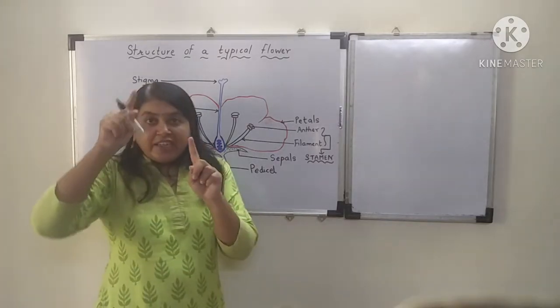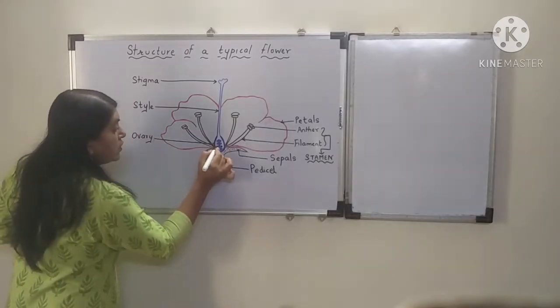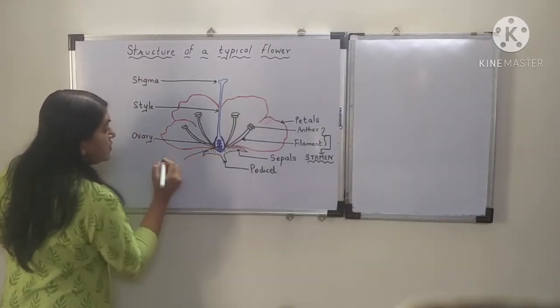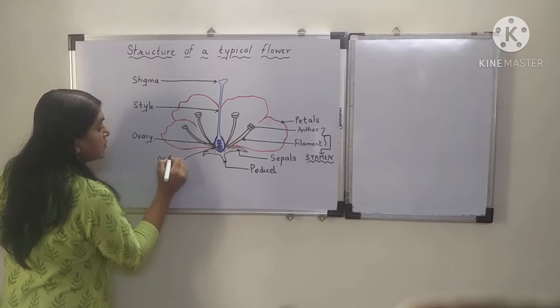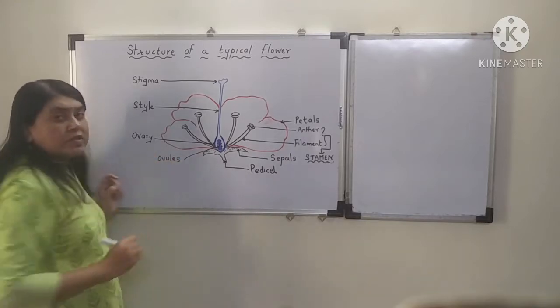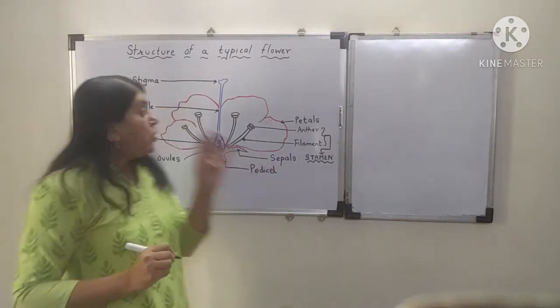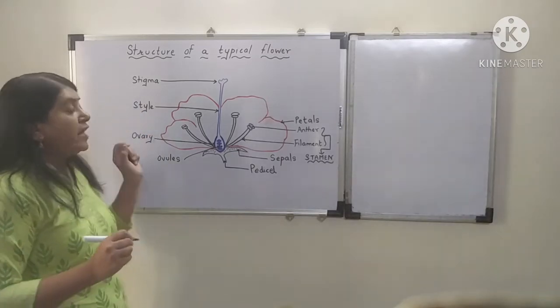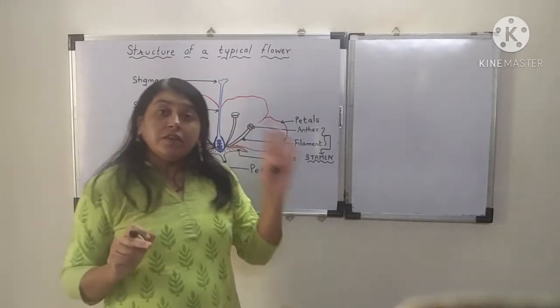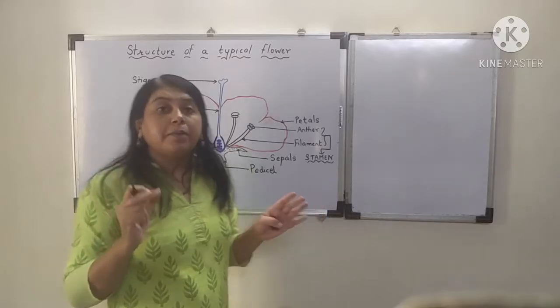Inside the ovary, those eight-shaped structures which we have drawn, these are called the ovules. And together, stigma, style and ovary, this part is called the carpel.